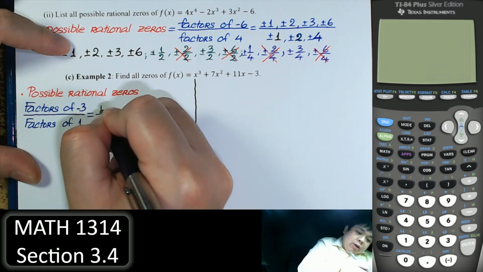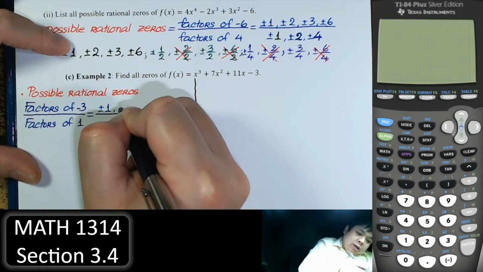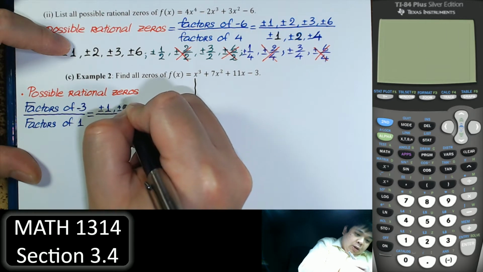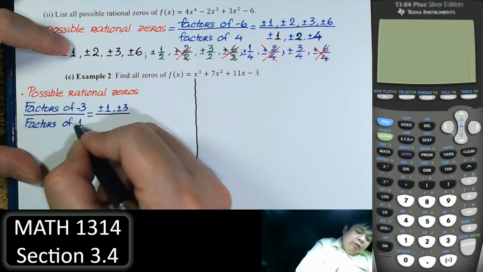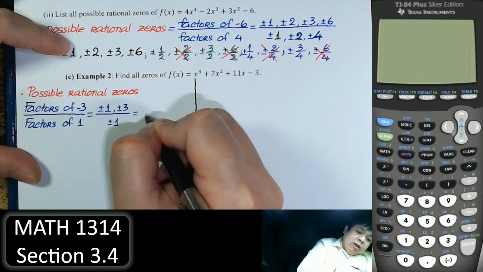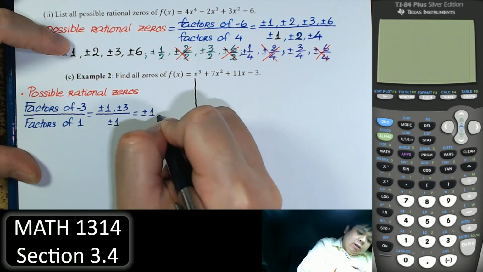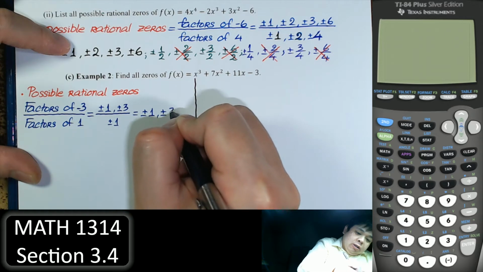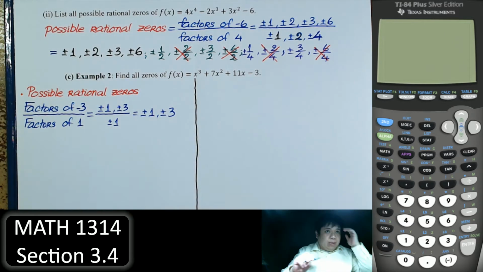So factors of 3 are 1 or 3, and factors of 1. So we have 1 over 1, 3 over 1. So those are the possible zeros.